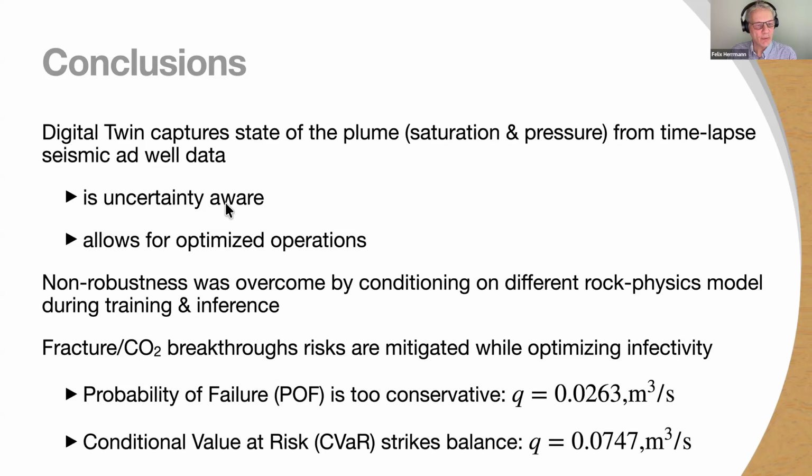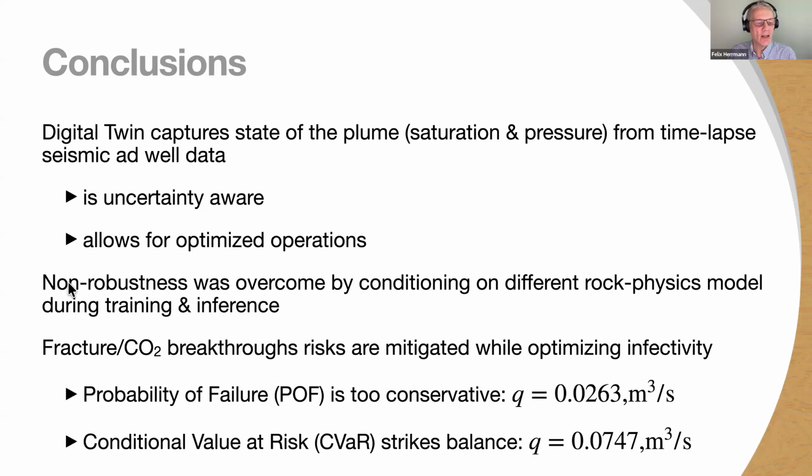And we have samples of the posterior, so we are uncertainty aware. So we have access to different samples, and we can then run optimizations over the different samples.